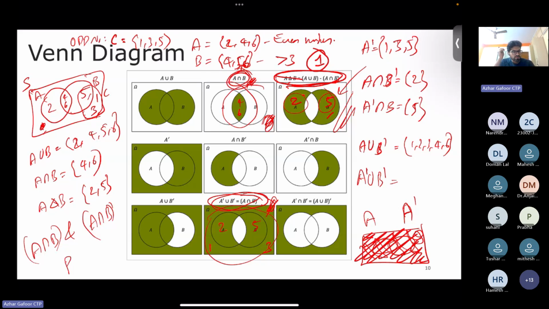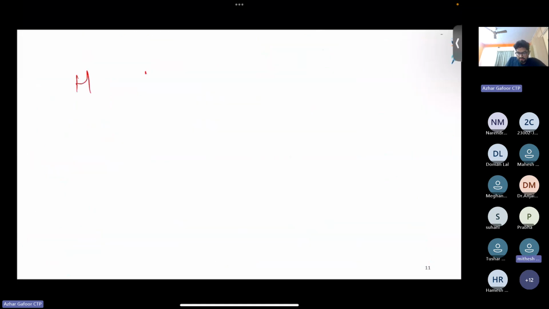Let's toss a coin. Then there are only two outcomes, a head or a tail. So getting a head and getting a tail is our entire sample space.